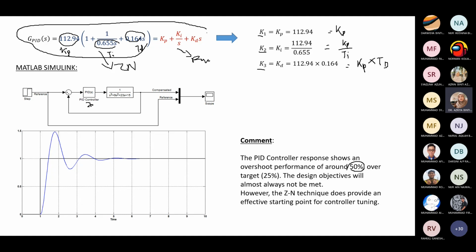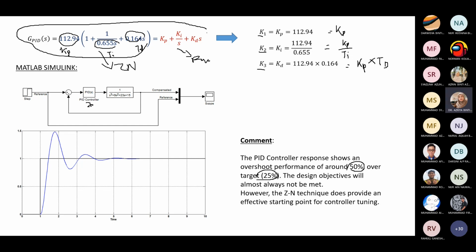But in the concept of the Ziegler Nichols, the percentage of overshoot must be equal to 25%. So basically we will retune, you can reduce the value of Kp until the design requirement is met.